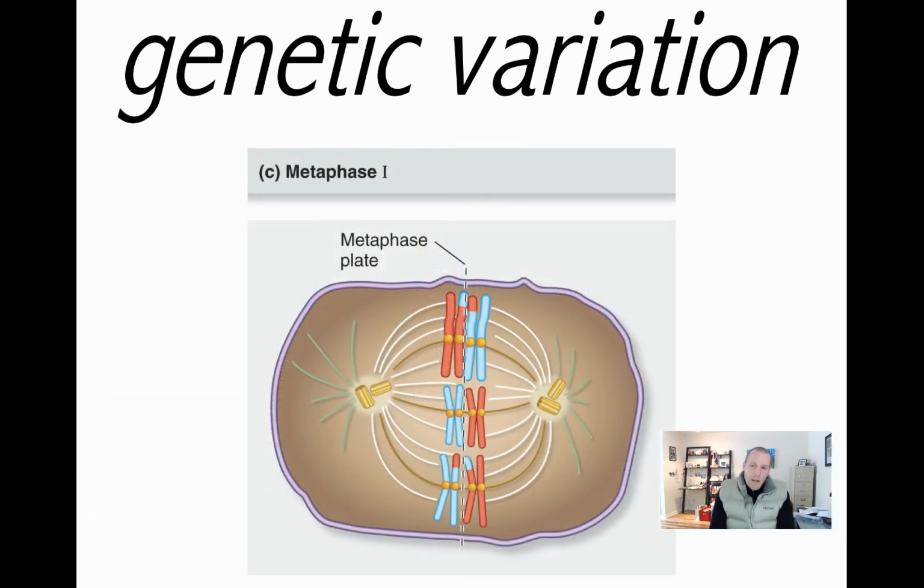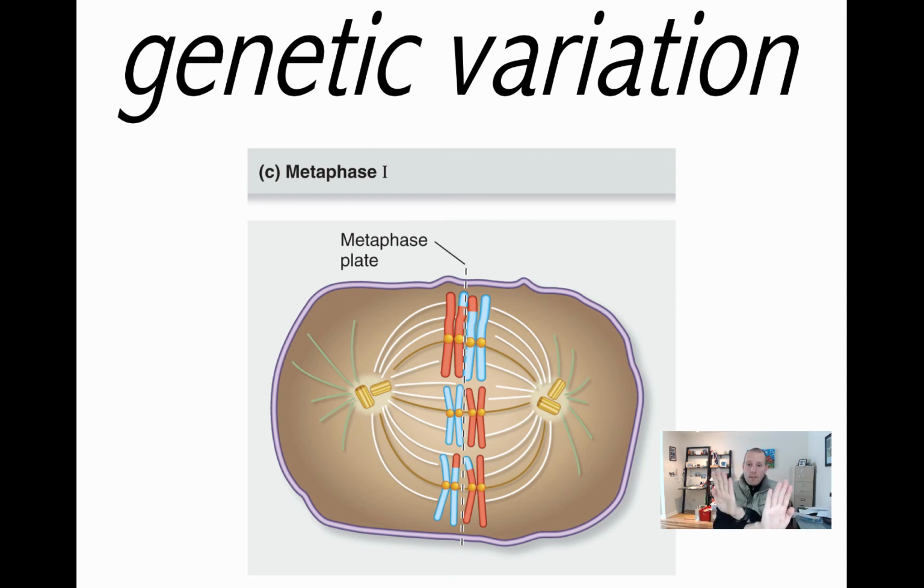And then the second place we saw genetic variation is in metaphase 1 of meiosis 1. Remember, the homologous pairs of chromosomes, one from mom and one from dad in their replicated form, line up on the metaphase plate. Homologous chromosomes from mom can be on the left and from dad on the right, or they can line up the other way around.